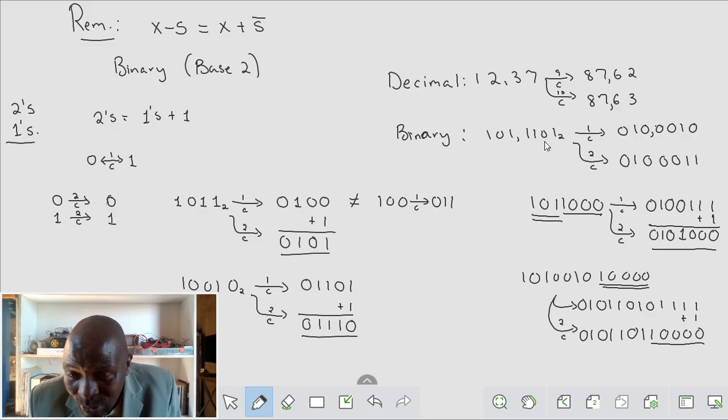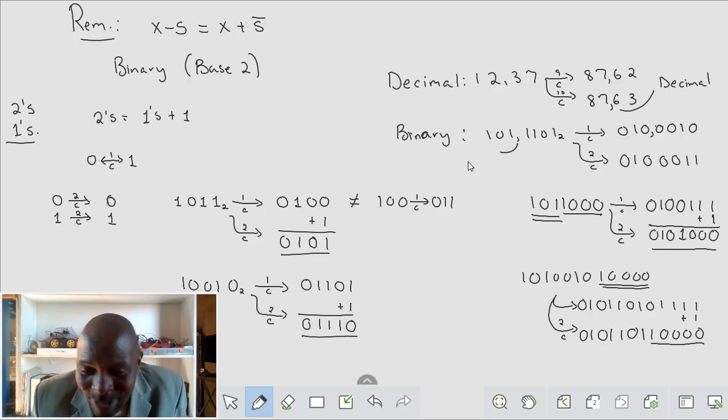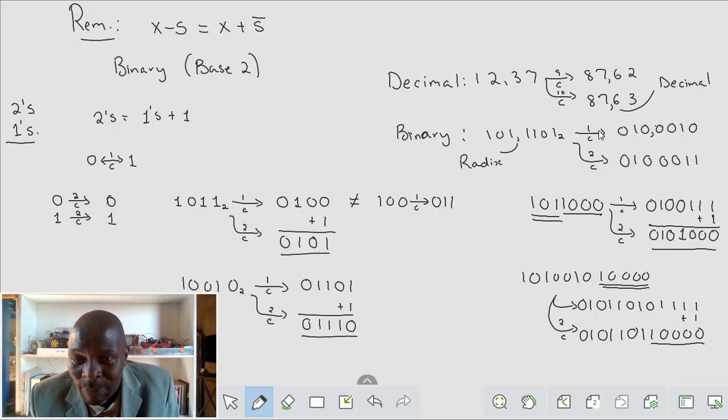There were 4 decimal. Oh, not decimal. Remember, these are decimal. This is a decimal point. But because we are working with binary here, this cannot be called a decimal point. This is not decimal. So what is it here? Maybe you could call it a binary point, but we rather call it a radix point. Radix is universal, but decimal speaks to decimal numbers.